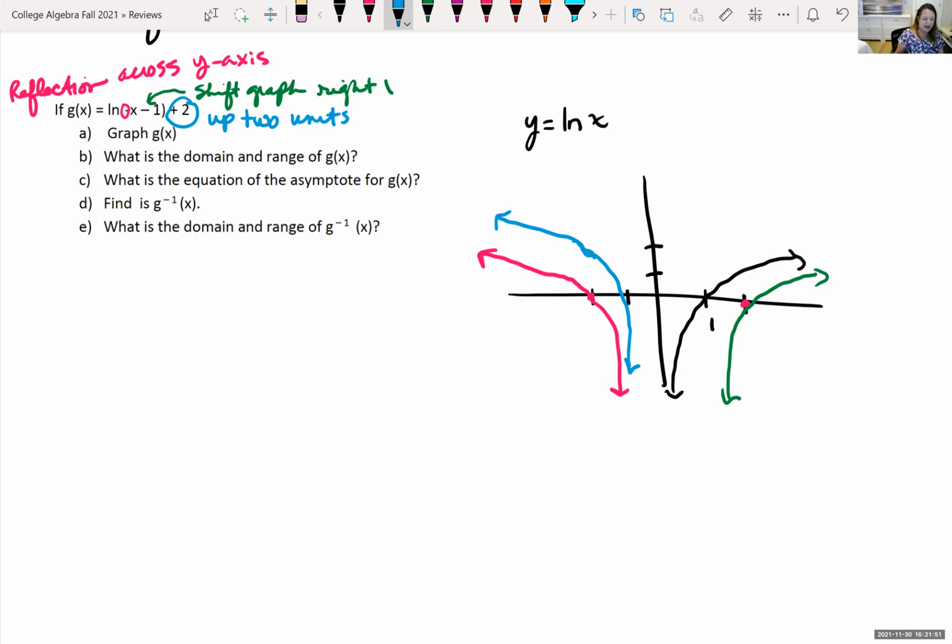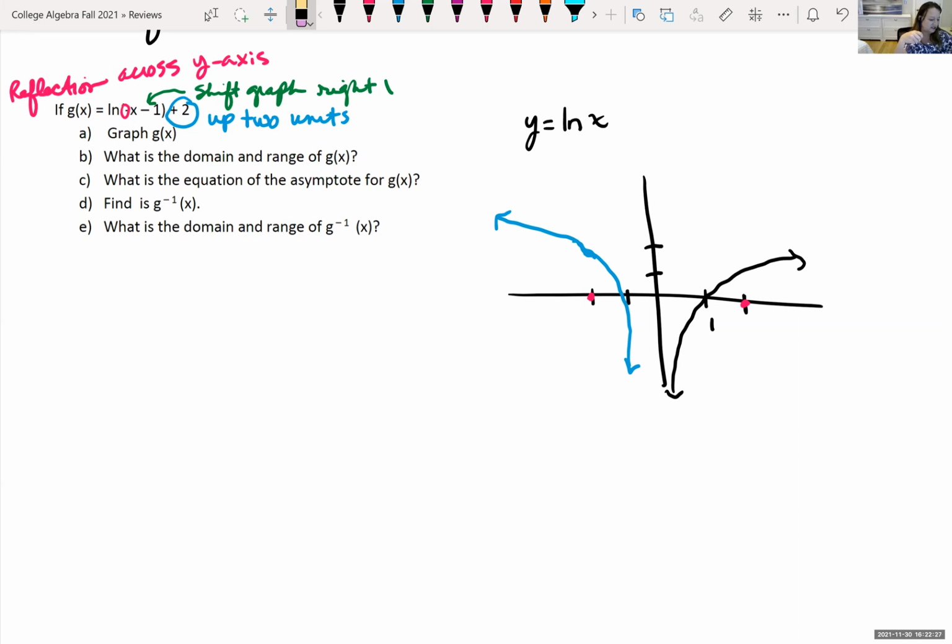So what is the domain and what is the range? Looking at this, my vertical asymptote before was at x equals 0.